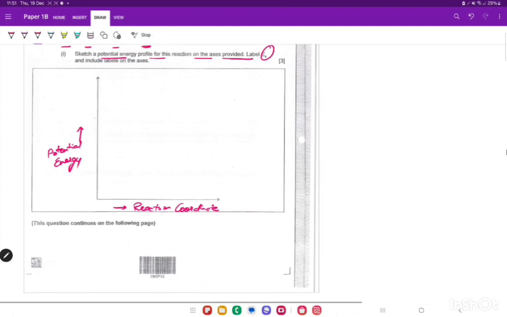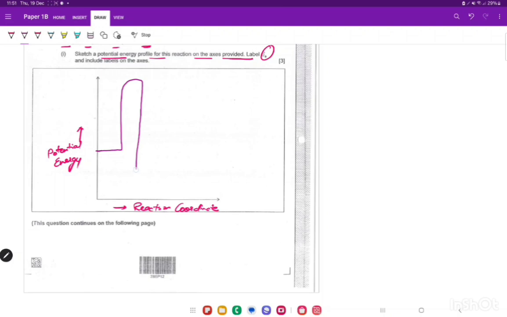Exothermic reactions are those in which the energy of reactants is greater than the energy of product. Suppose this is the energy of reactant; this much energy is supplied to the reactant so that they cross the energy barrier and convert into product. From here to here it is ER, energy of reactant.